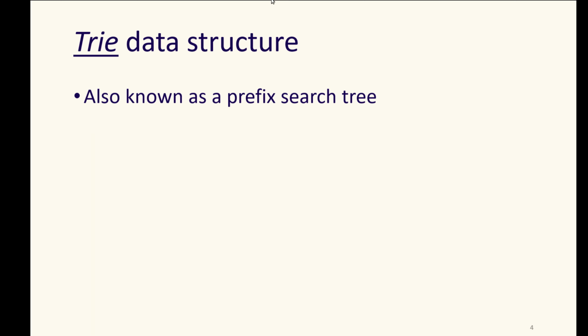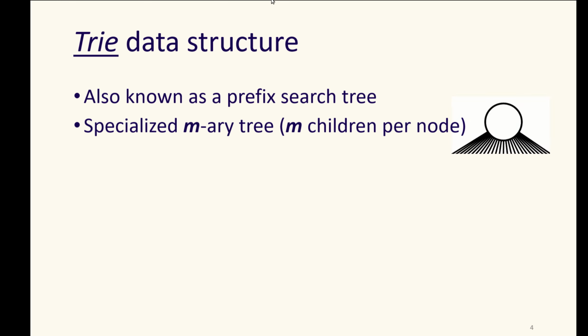The trie, as I said, is also known as a prefix tree or prefix search tree. It's a specialized tree that has up to m children per node. So it's not a binary tree like we've often looked at. It's an m-ary tree where m is the size of the alphabet that might be used here.